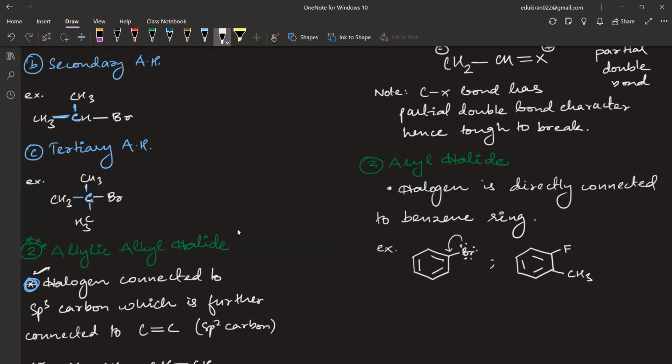there will be resonance. So here also you will note: CX bond in aryl halide has partial double bond character.